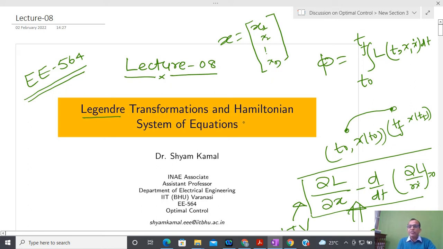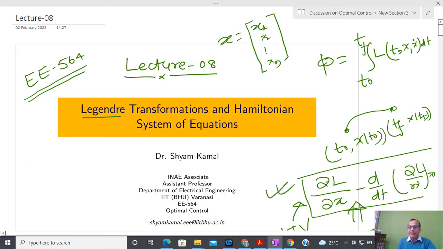If you see the physical interpretation of the functional, particularly for a mechanical system, one can tell that it is nothing but energy. In the previous class we have discussed this. So a Lagrangian kind of function one can form with the help of the complete energy.